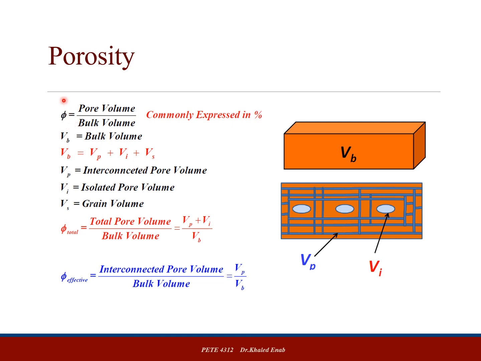So the porosity, known by phi, simply equals the pore volume divided by the bulk volume. Vb refers to bulk volume, and Vp equals the pore volume, Vi plus Vs. Vi is the interconnected pore volume, and Vs is the isolated pore volume.